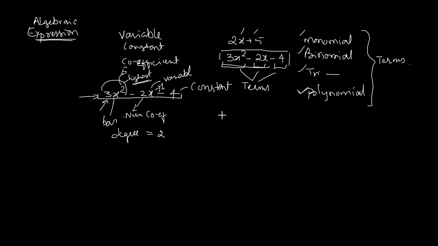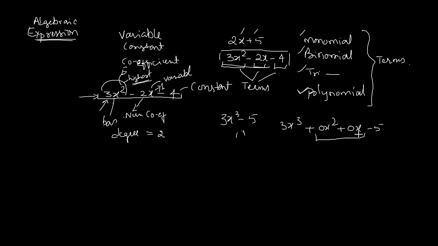So if I had 3x cube minus 5, although two other terms are not there, if I were to write this in decreasing order of exponents, it would be 3x cube plus 0x square plus 0x minus 5.